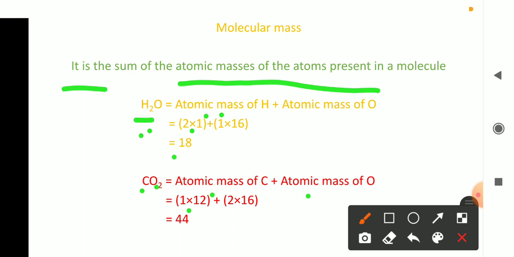How many oxygens are there? 2 oxygens, and the mass of one oxygen is 16. So 2 into 16, and totally that is equal to 44. So 44 is the molecular mass of carbon dioxide molecule. For water molecule, the mass is 18, and for carbon dioxide, the molecular mass is 44. And by using the same method, we can calculate the molecular masses of whatever the given element is.